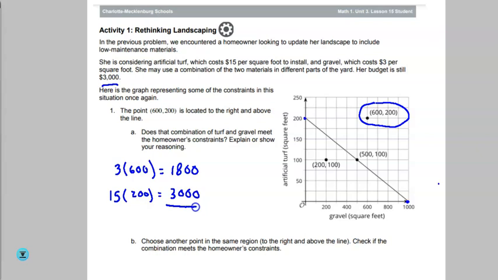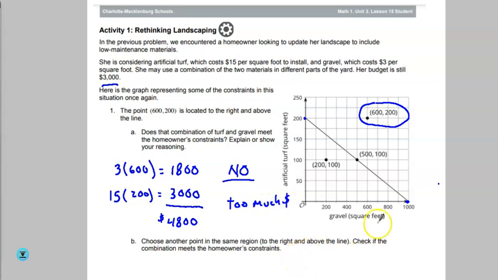So all together, when you add it up, that's $4,800. She doesn't have that much to spend. So can this homeowner use that much material? And no, right? That's too much, costs too much. So does this combination of turfs meet? No, it does not meet. No, it can't be done. Too much money.